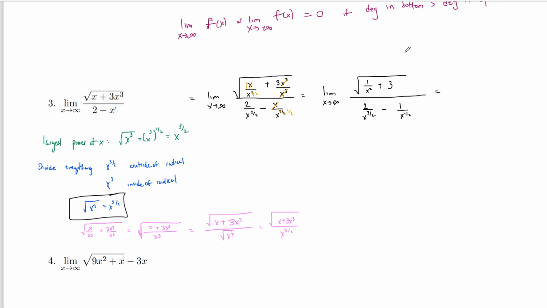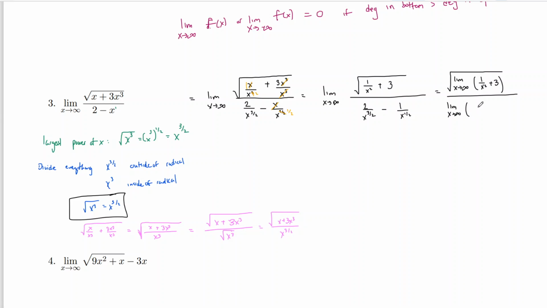So the idea is you still distribute the limit. You can bring the limit inside the radical, and then you can do each part. But for the radical on top, I want to go ahead and just break it down. So for the limit, we can distribute it to the top, and we can bring it inside the radical. We get the limit as x goes to infinity of 1 over x squared plus 3, divided by the limit as x goes to infinity.